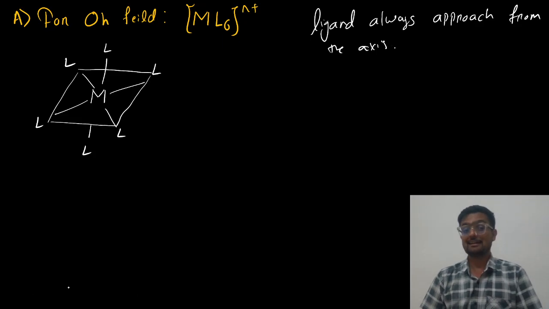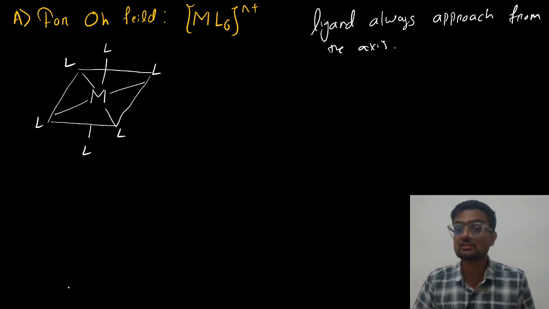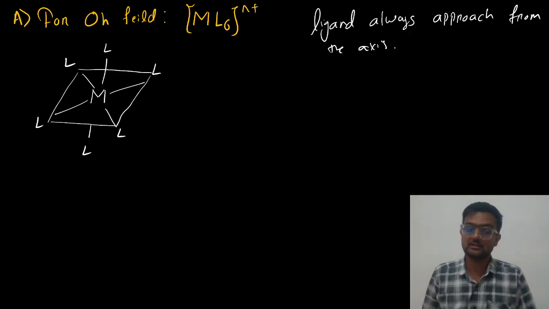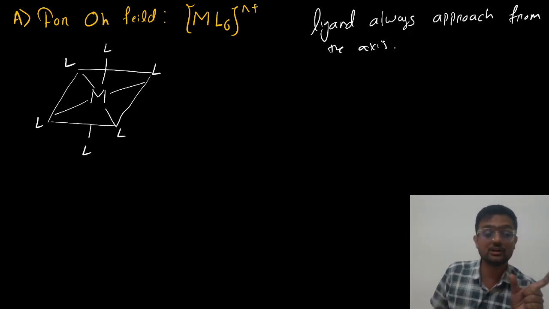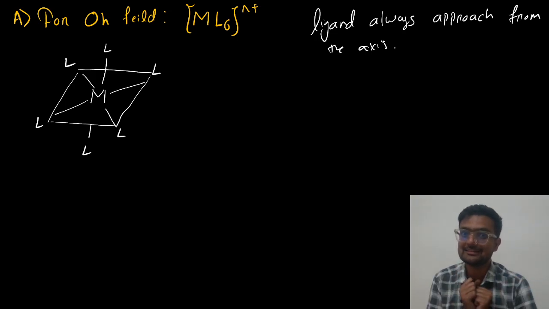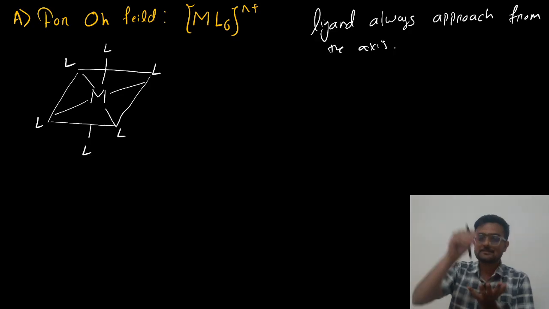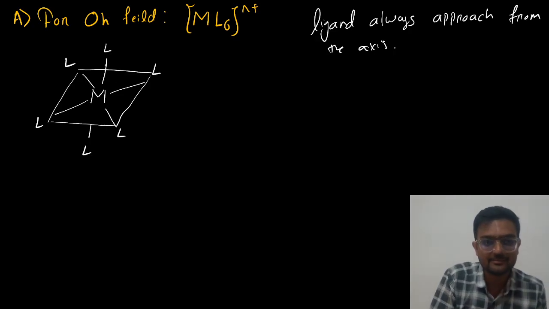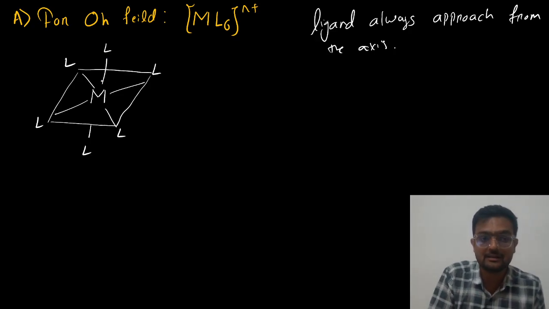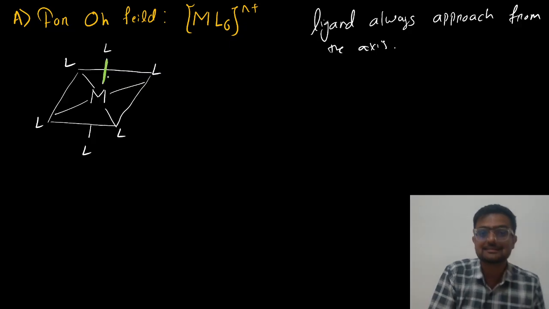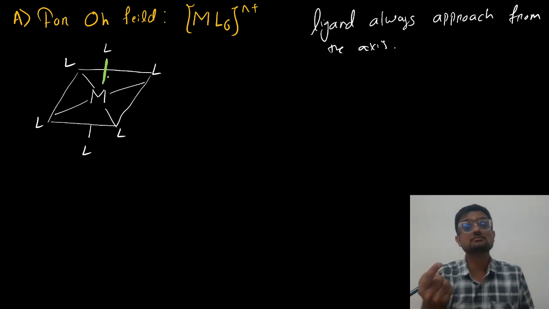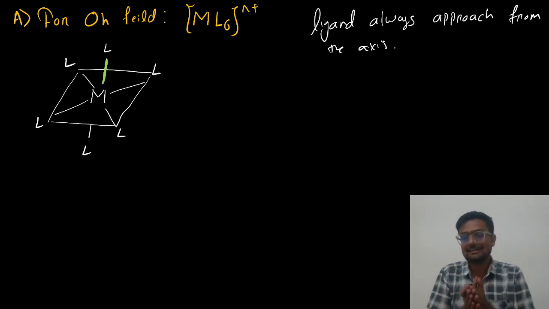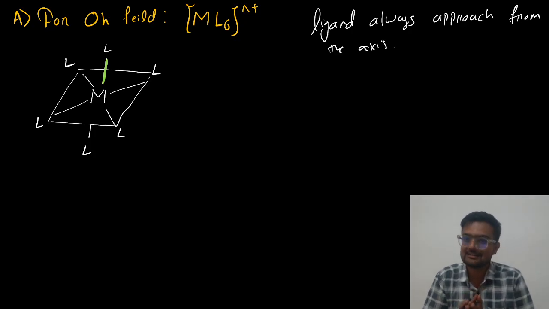Now we have studied that we have two different sets of d orbitals: three d orbitals which are non-axial and two d orbitals which are axial. So if the electron comes from the axis, the metal's d orbitals whose lobes are present on the axis will feel more repulsion. If they feel more repulsion, the degeneracy will break down.